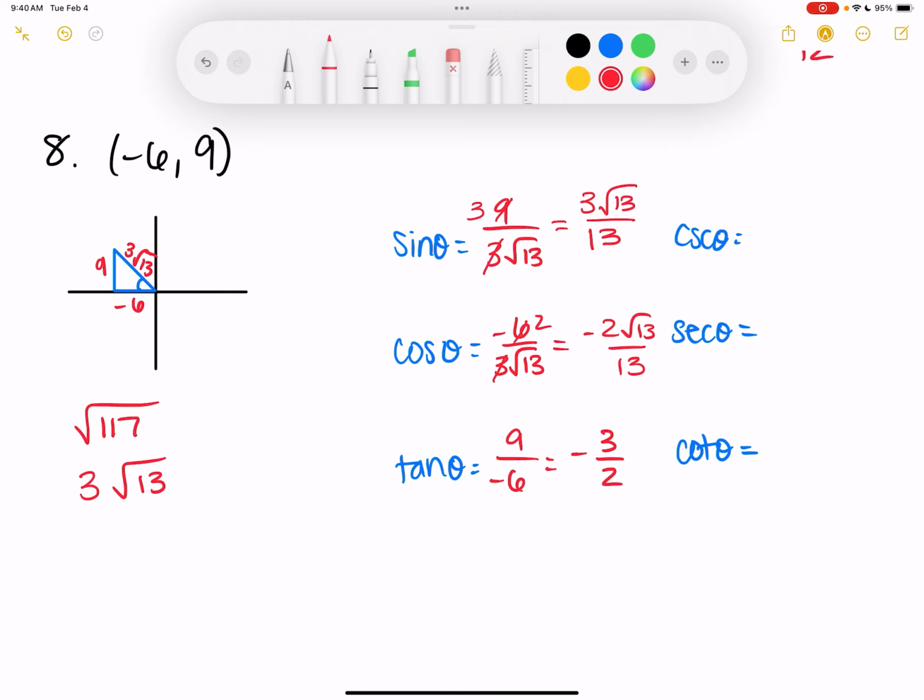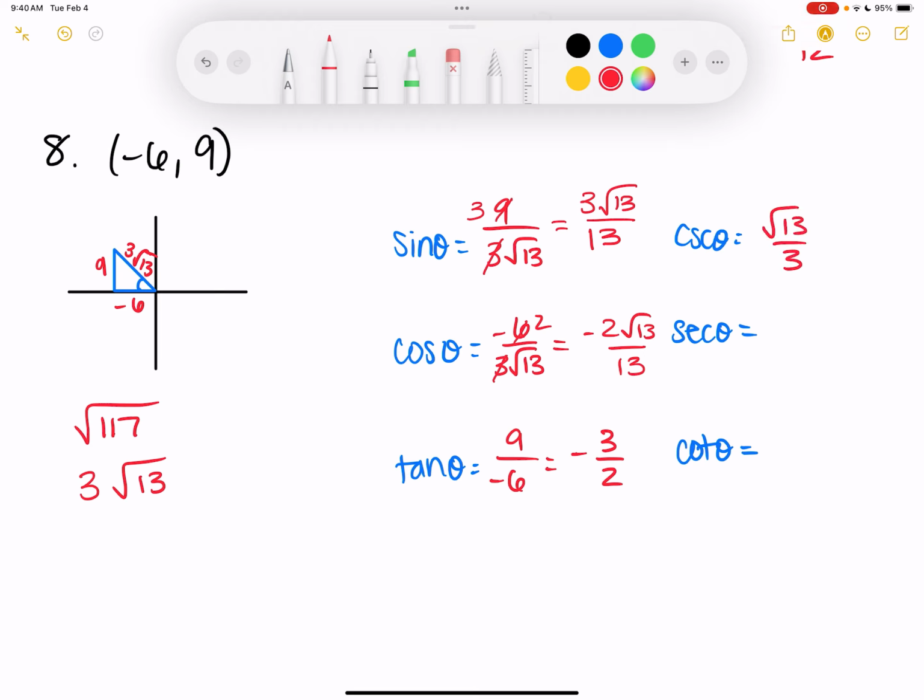Now, remember, when we have ones with radicals, I would use the original thing when you're flipping them to do the other so that you're not having to rationalize and reduce all over again. So what's cosecant? Square root of 13 over 3.